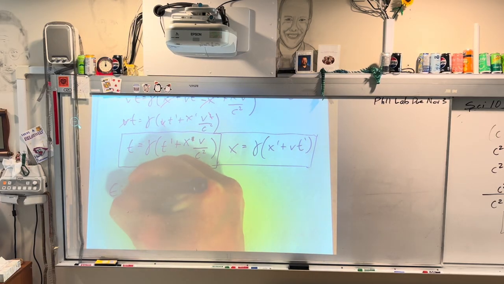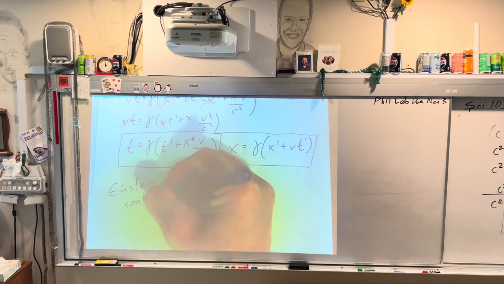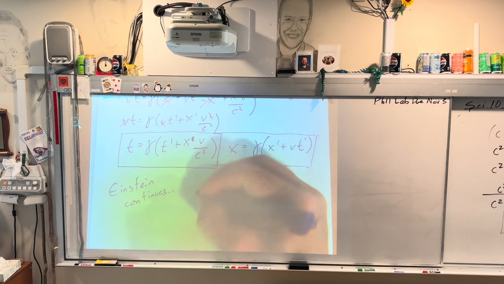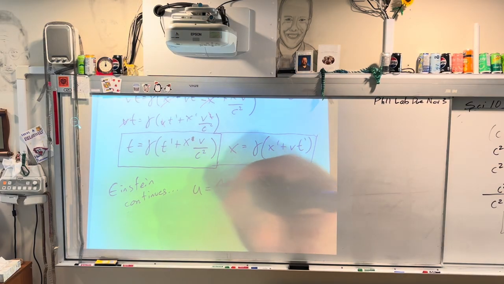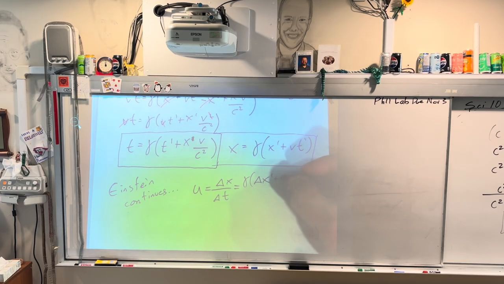Einstein is going to continue here. And he's going to say, okay, if we want to find the velocity of the penguin from our point of view, that's going to equal delta x over delta t, right? So delta x is gamma delta x prime plus v delta t prime.